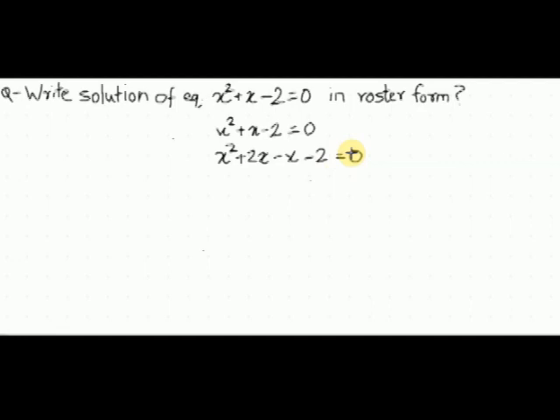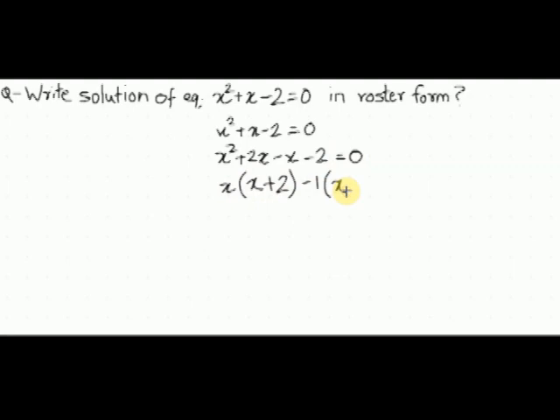So taking x as common, x plus 2, and here we will take minus 1 as common, and then again x plus 2, right?